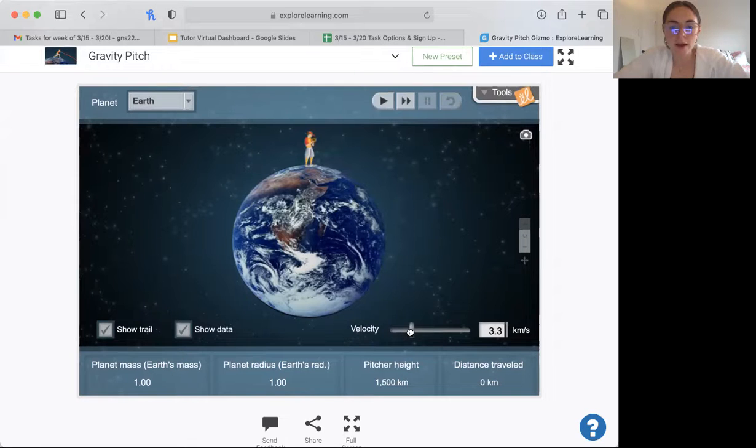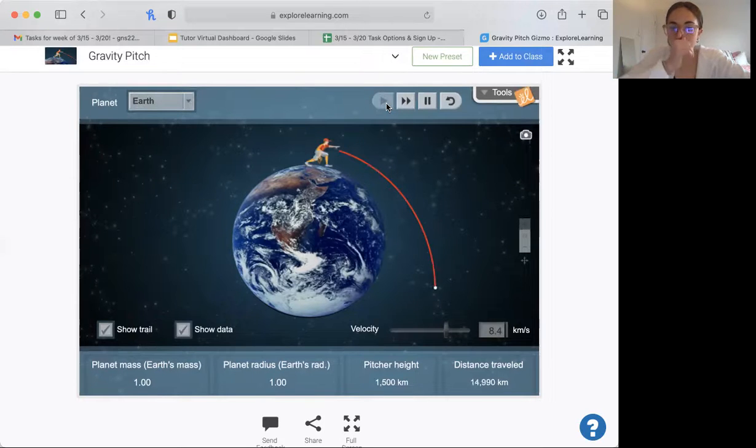Let's maybe try 4. Okay, a little bit farther. Definitely made it farther, but it's not making it quite as far as we'd want it to be. You want to see as far as we can get it. Add a little bit more velocity. Let's go up towards like 8.